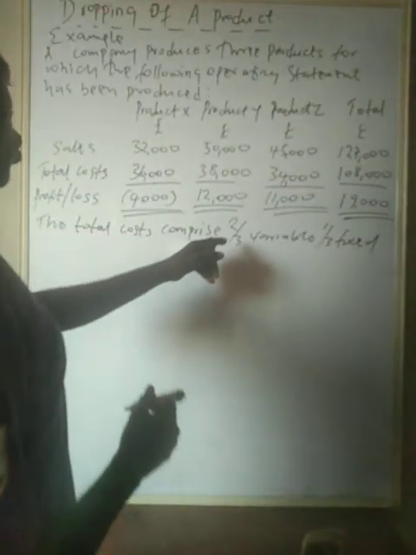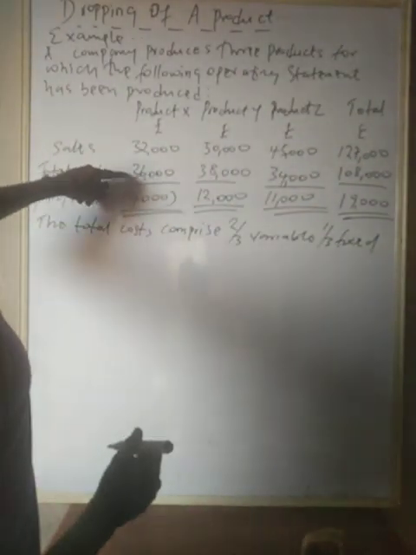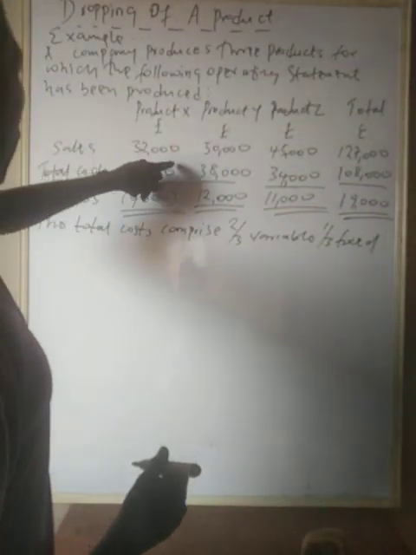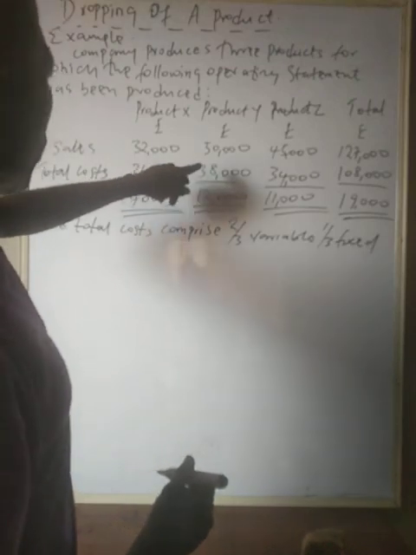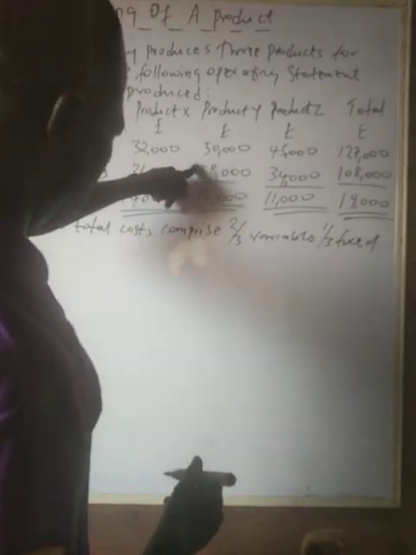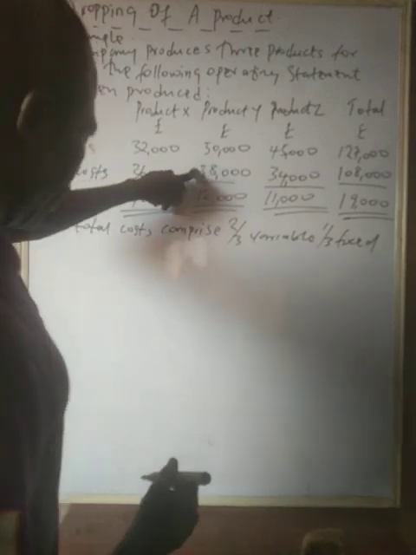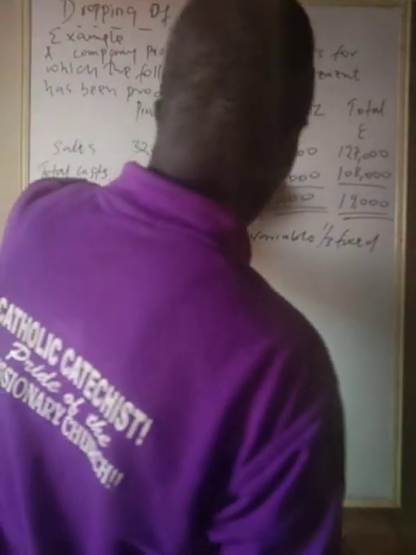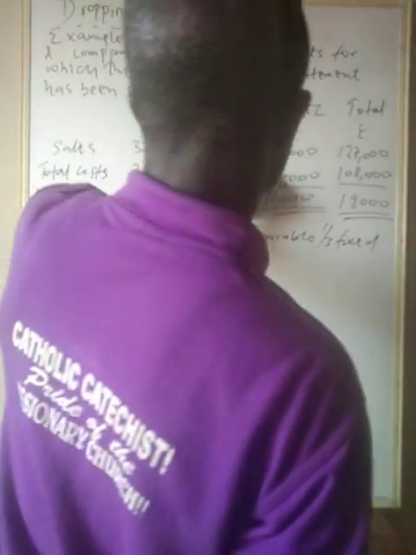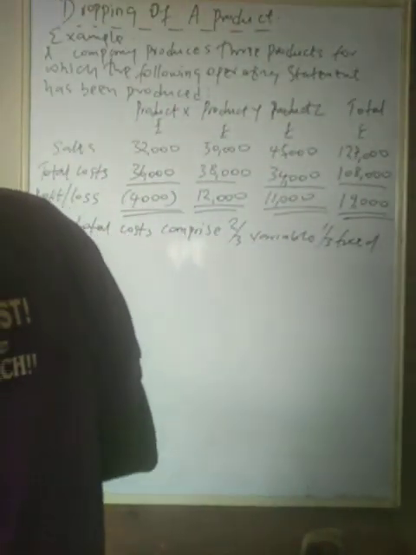That is, 2/3 is variable cost and 1/3 is fixed cost for each product.